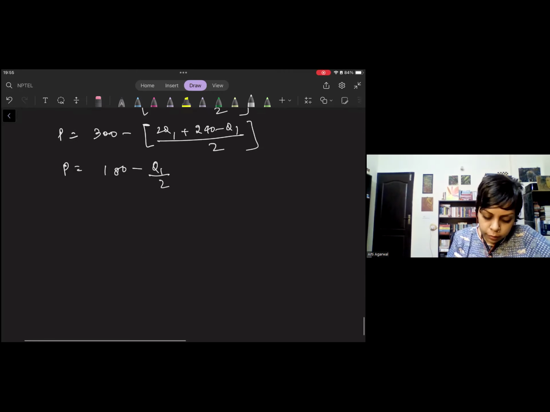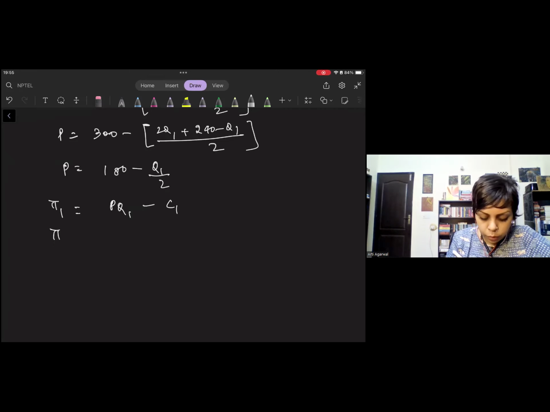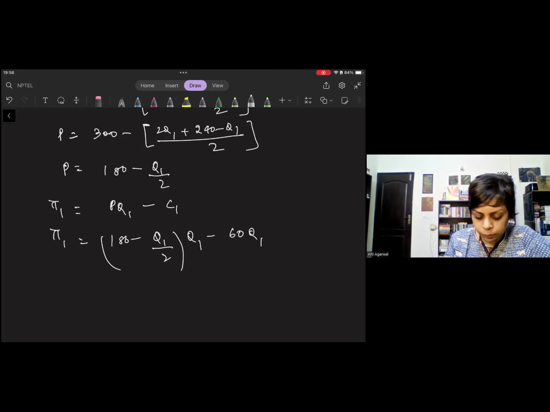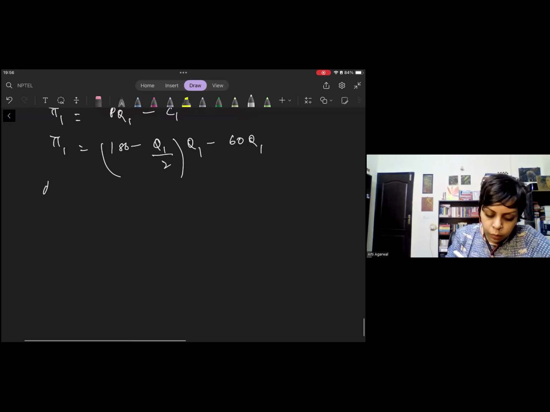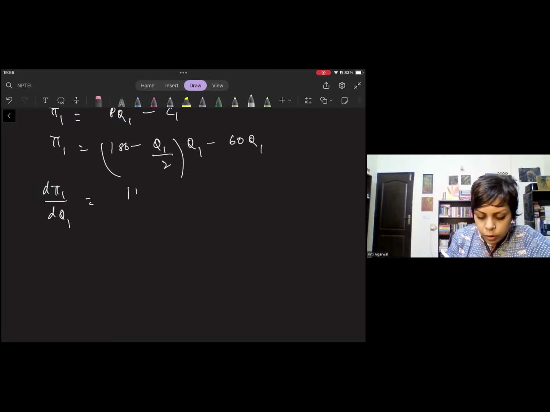Now we can calculate the profit. This is just going to be a bit easier to simplify. If you do everything together, it kind of becomes a bit unwieldy. 180 minus q1 by 2 times q1 minus 60 q1. Now you can take d pi 1 by d q1, which is 180 minus q1 minus 60, equal to 0.